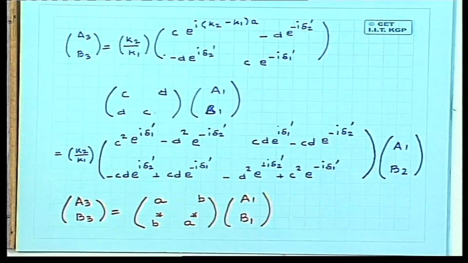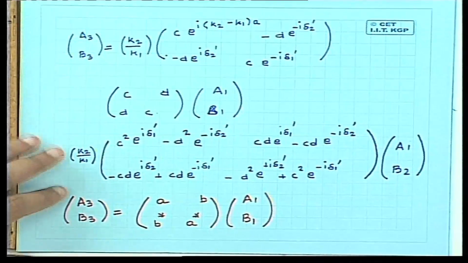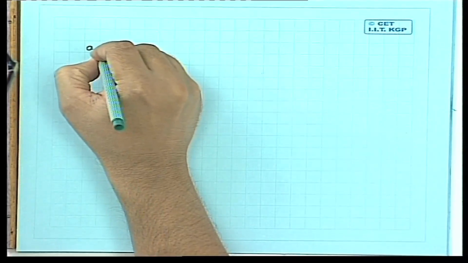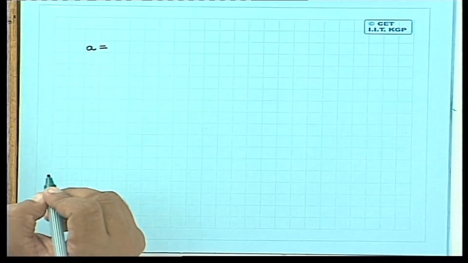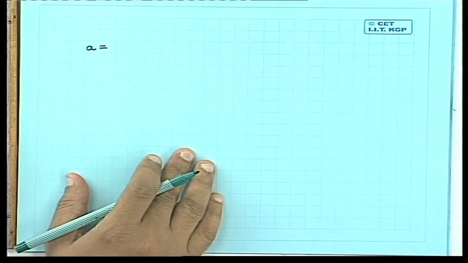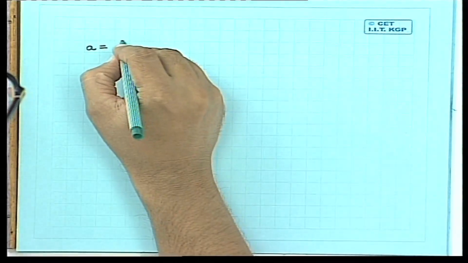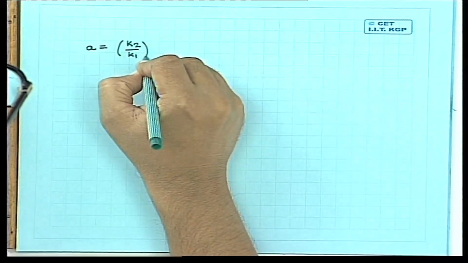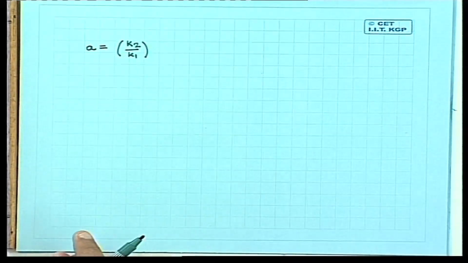So now let us just write down what are these small a and small b and put this into the expression for the reflection and transmission coefficients. So what is small a? Small a is equal to c square. What is c? C is okay, there is a factor of k2 by k1 outside, so I have to put that first, k2 by k1 over here, and then we have c squared.